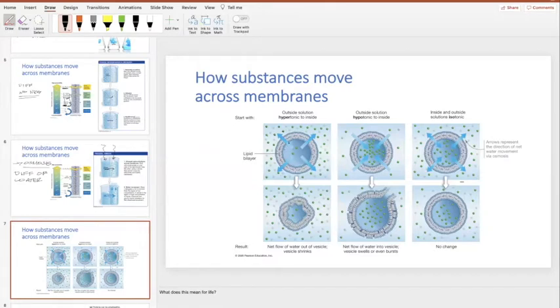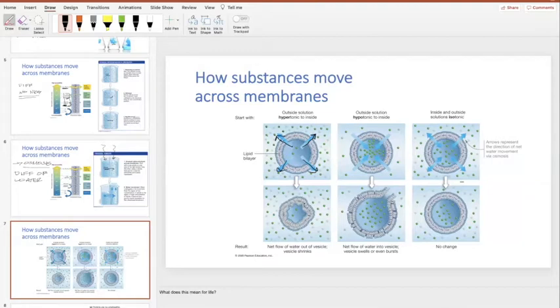On the interior of this membrane, we have a much lower solute concentration. So what's going to happen is the water in here is going to try to equalize things out. We're going to lose water as it tries to even out the concentrations, okay?